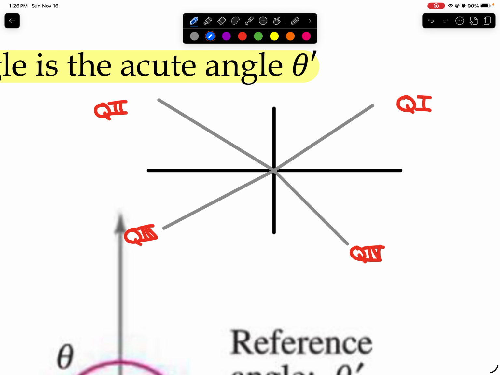So when I show you these reference angles, it's always going to be measuring the distance from the x-axis. So from the x-axis, let's do it in yellow. From the x-axis to the terminal side of that angle.